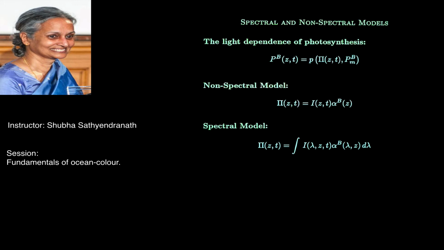Sometimes you see people calculate available light with all spectral detail, but then do the coupling like this without spectral resolution. If you do that, it's not a completely spectral model. That's one way to distinguish really whether a model is spectral or non-spectral.